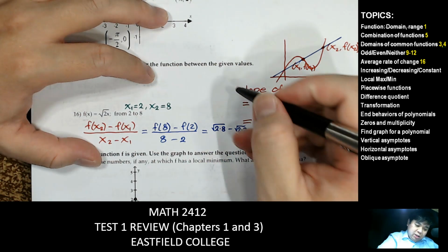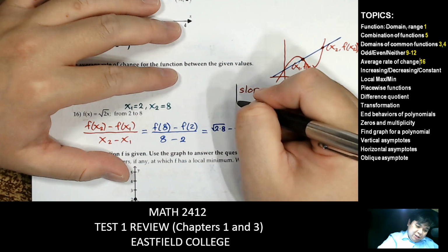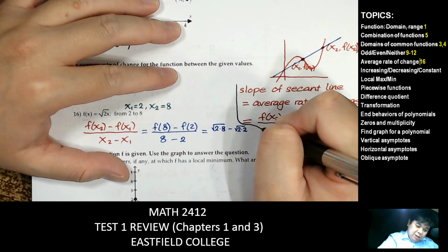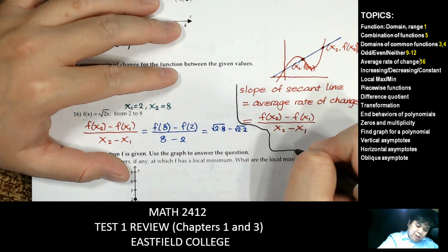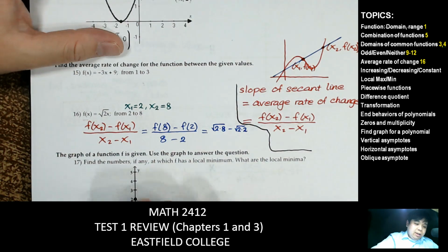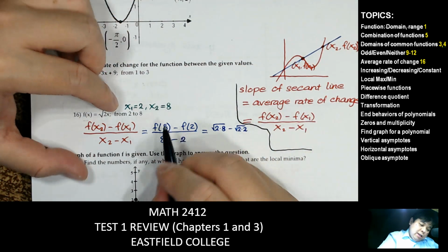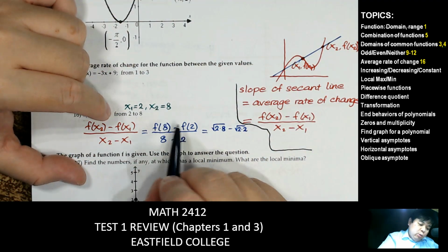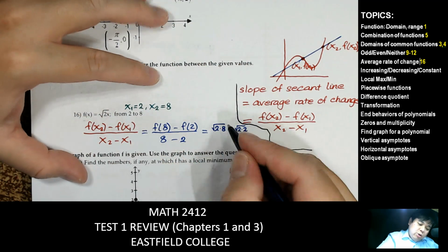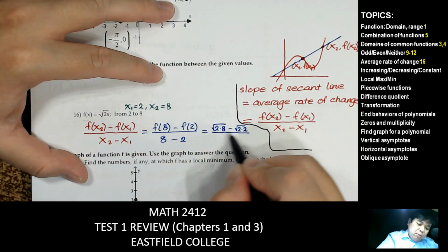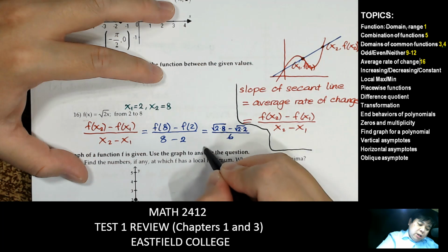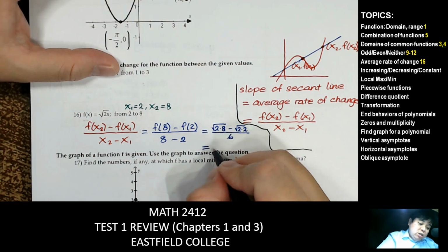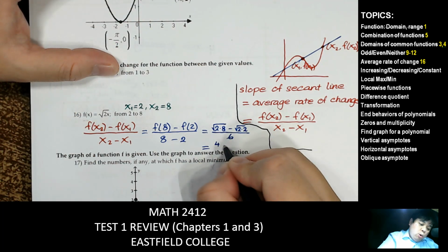Yeah, we put 8 in for x, and then we put 2 in for x, and subtract them, over 8 minus 2, which is 6. So we have square root of 16, which is 4, minus square root of 4, which is 2.